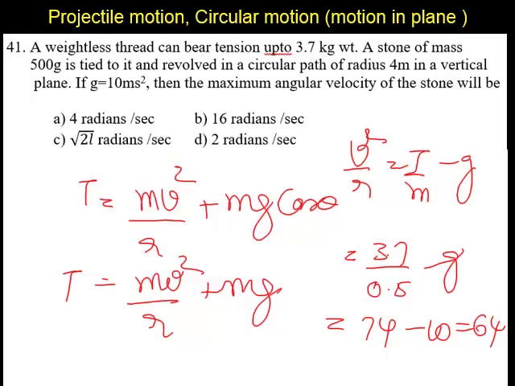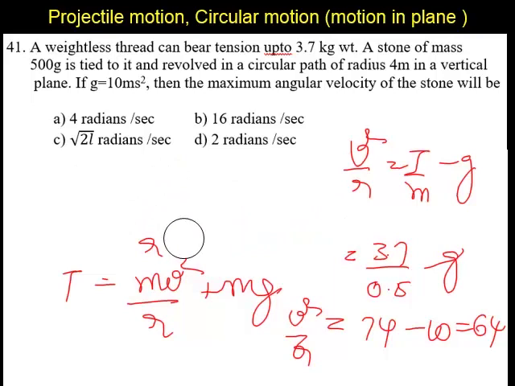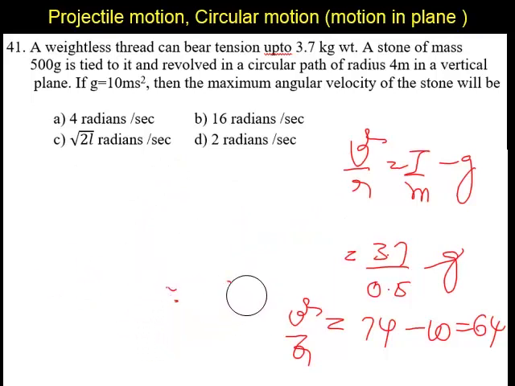So v square by r value is 64. So we can calculate from here what is v. So v is equal to square root of 64.